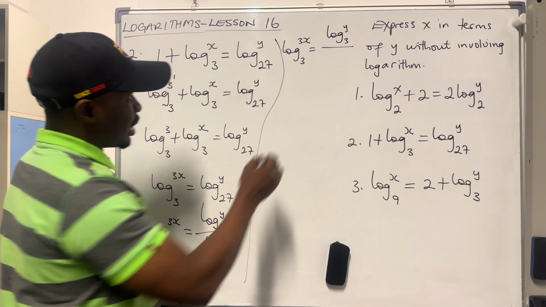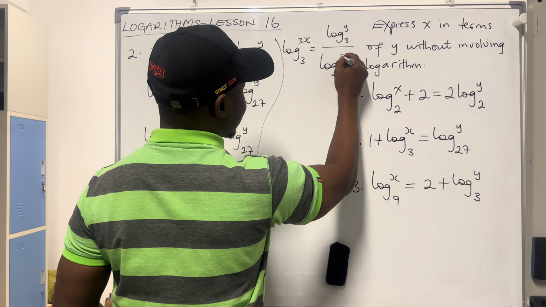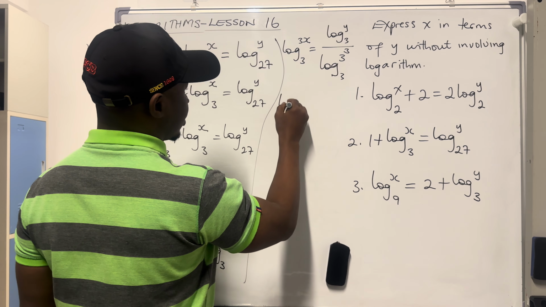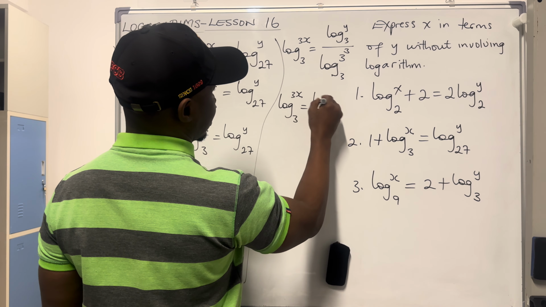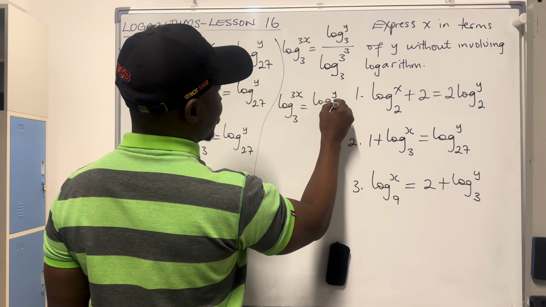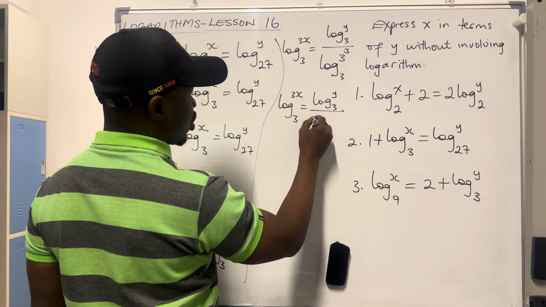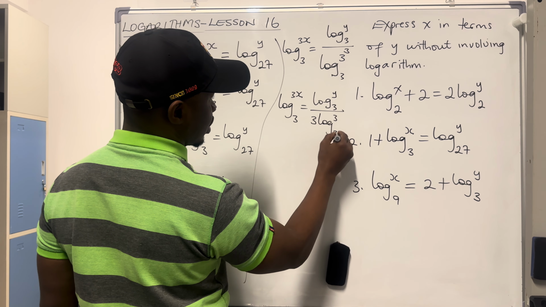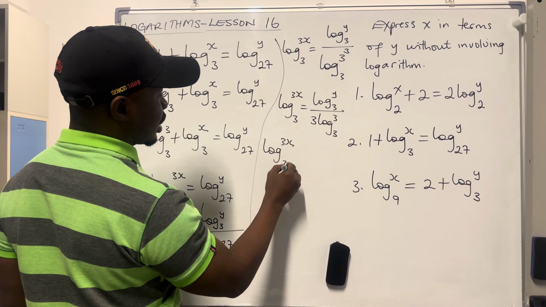But beginners will not see all that quietly. So we say log 27 means 3 to the power 3, and this is base 3. So log 3x base 3 equals log y base 3 for the one at the top. This 3 comes here, so it becomes 3 log 3 base 3.